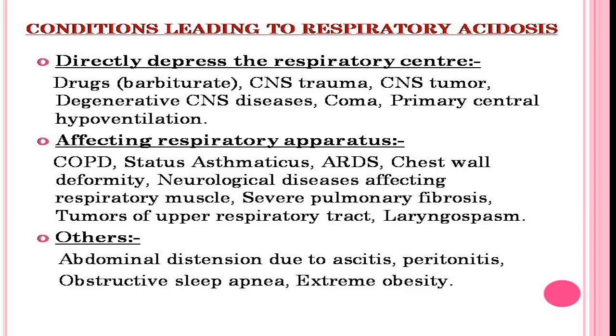For this reason there will be less efficient respiration, leading to the accumulation of carbon dioxide inside the body. And another thing is extreme obesity. This is again a condition which leads to improper expansion and contraction of the lungs, leading to the accumulation of carbon dioxide. And another very important causative factor is obstructive sleep apnea.